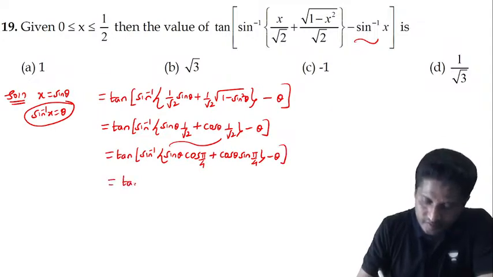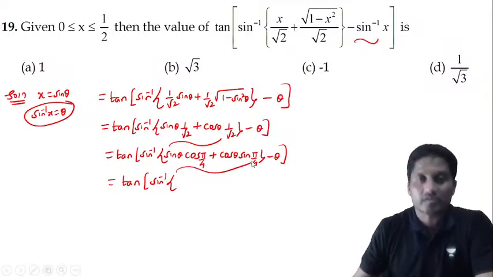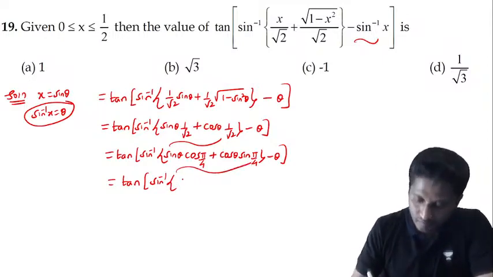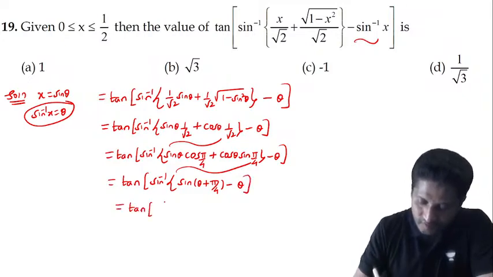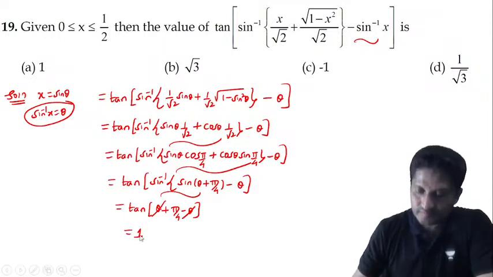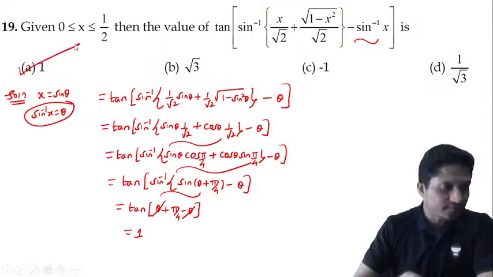Now I'll use the compound angle formula, sin A cos B plus cos A sin B will be equal to sin of A plus B, that is theta plus pi by 4. Okay, and then minus theta is equal to tan of sine inverse of sin of theta plus pi by 4, so you get theta plus pi by 4 minus theta. It will cancel, tan 45 will be equal to 1. Answer will be equal to 1.